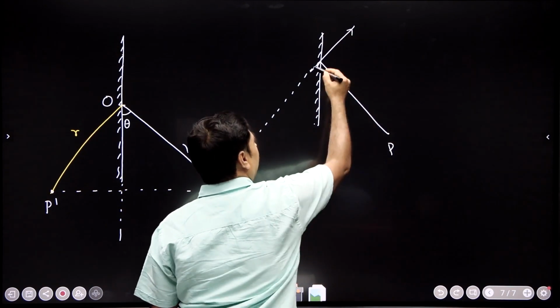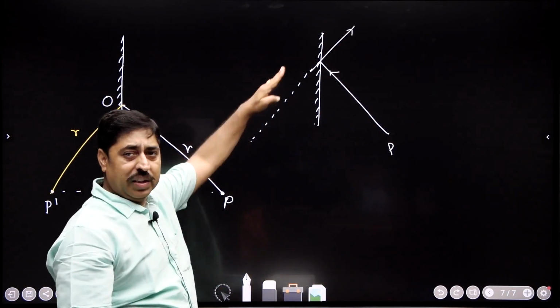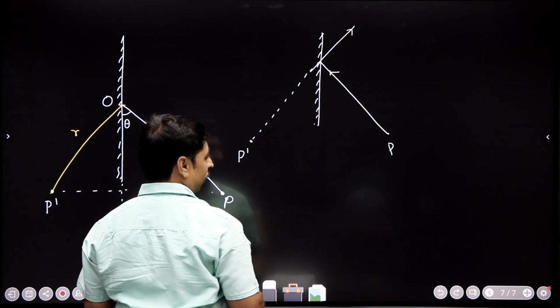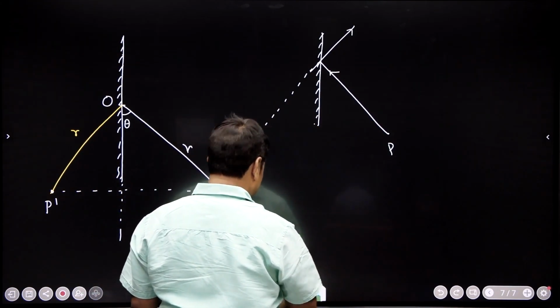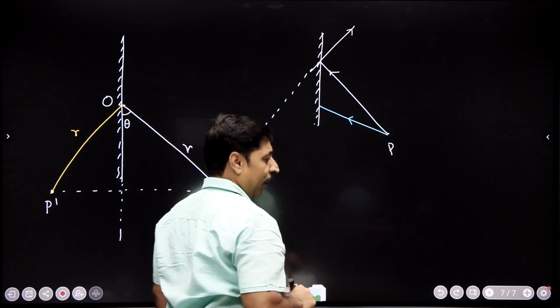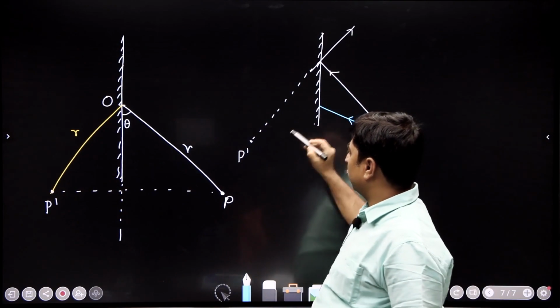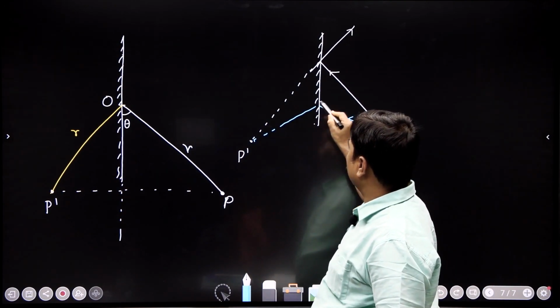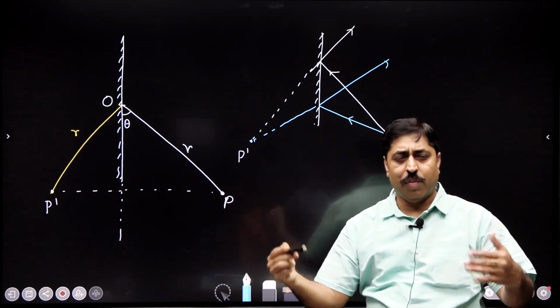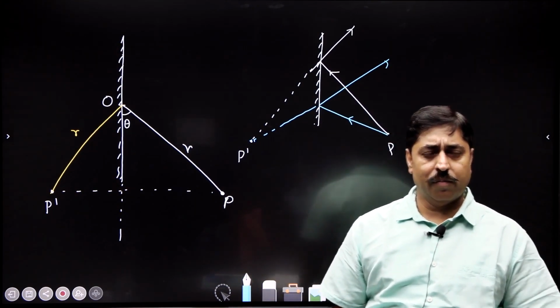This ray goes like this, and if you extend it backward, it appears to be coming from the image point P dash. We can take multiple such rays. I am drawing one more ray. There is another ray incident on the mirror. This ray also, after reflection, appears to be diverging from this image point. So that is how the image is formed. All of you must be knowing this.